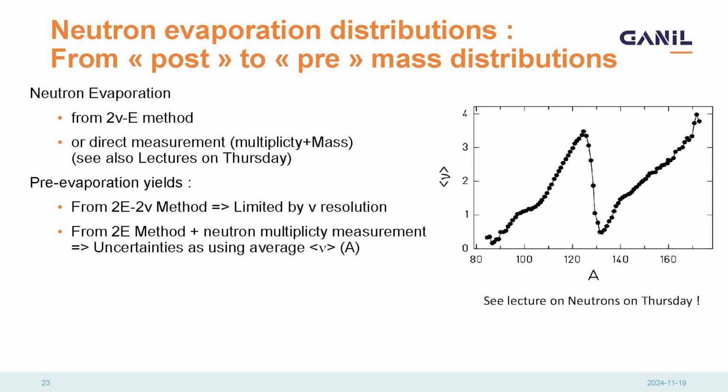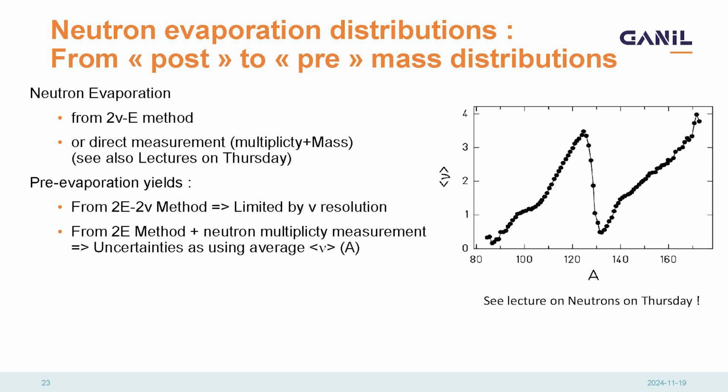Now we are interested in those independent fission yields, which are real measurements of what is being produced in the end. But from the fundamental aspects, we want to know how we got there, and we really need to get back to what was at the scission. This is a challenging aspect, because measuring the pre-evaporation mass is really challenging.